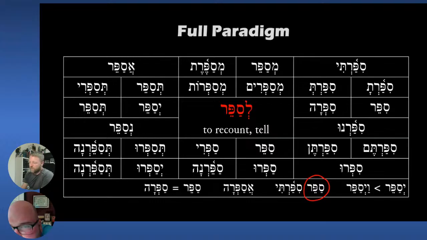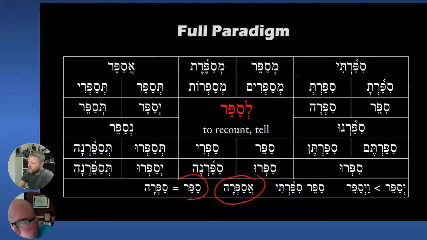Notice how common these forms look. Saper, saper, sapru, like they all look the same. Sapru looks like sapru. Sapri looks like sapri. They're very common in the Piel. The cohortative asapra, like nisapra, nidabra. Okay.